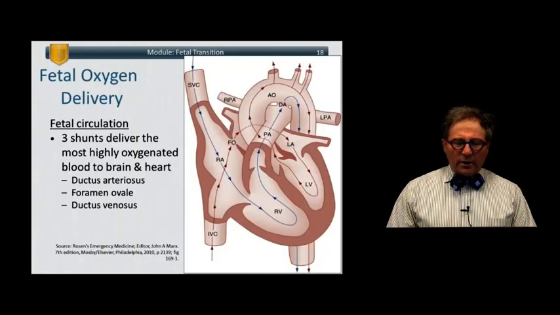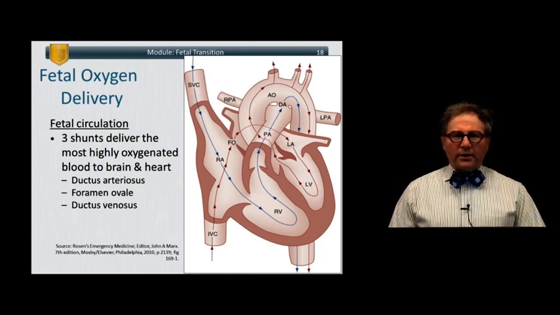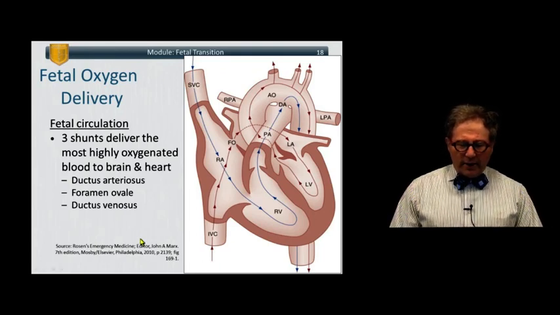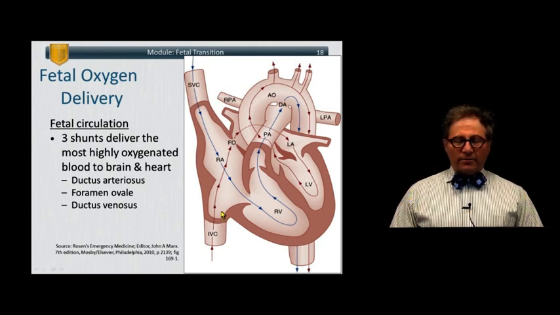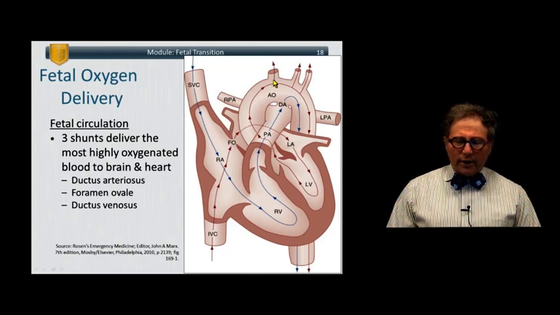Now we can see a closer pictorial representation of how the blood is diverted and circulated in the fetal circulation, because it really depends on 3 shunts, 2 of which are shown here. The blood is shunted from the inferior vena cava coming from the placenta, primarily into the left ventricle, directed through the foramen ovale, and then up to the aorta to perfuse the brain and the coronary arteries.